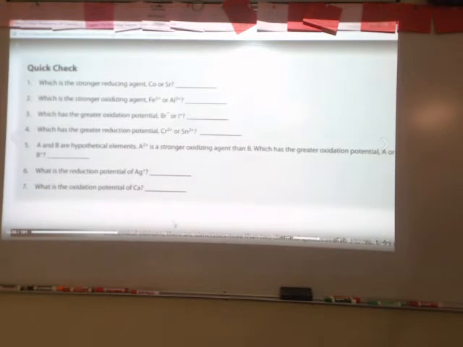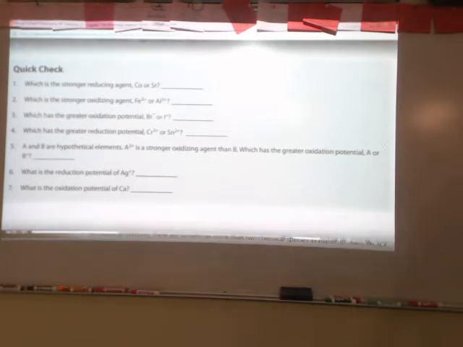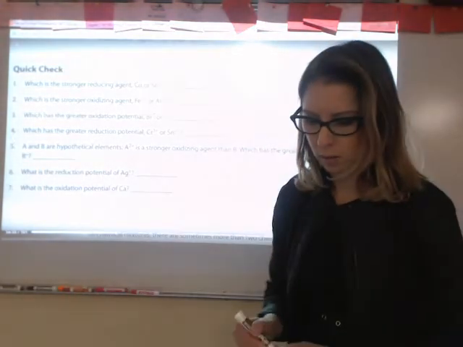A greater reduction potential, so it's on the left side. I found Cr plus 3. Which is a greater reduction? And the hypothetical element A2 plus is a stronger oxidizing agent than B. What is greater oxidation potential, A or B? If it's a stronger oxidizing agent, that means it has higher reduction potential, which means it has lower oxidation.